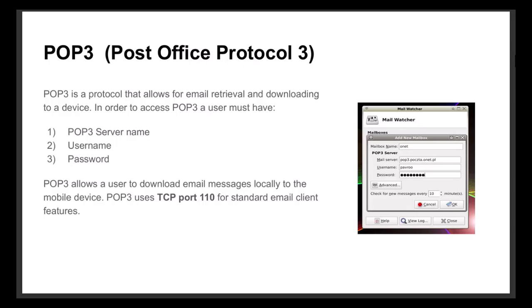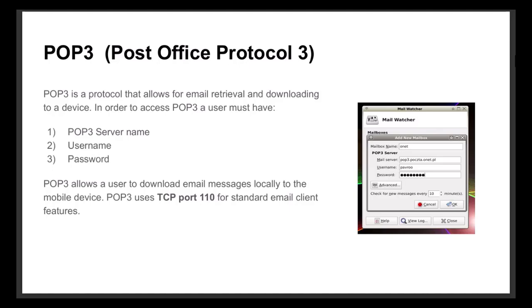Next, we're going to discuss three different protocols that we use for email. Our first is POP3. This stands for Post Office Protocol version 3. POP3 is a protocol that allows us to retrieve emails from a server and download them to our device. POP3 will require authentication.